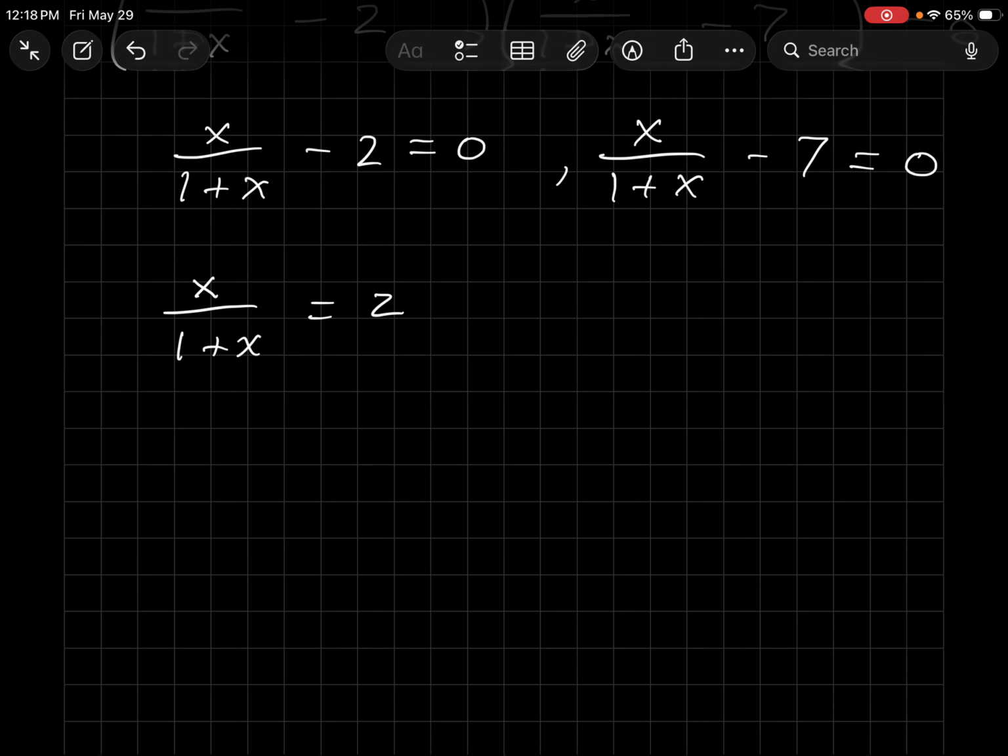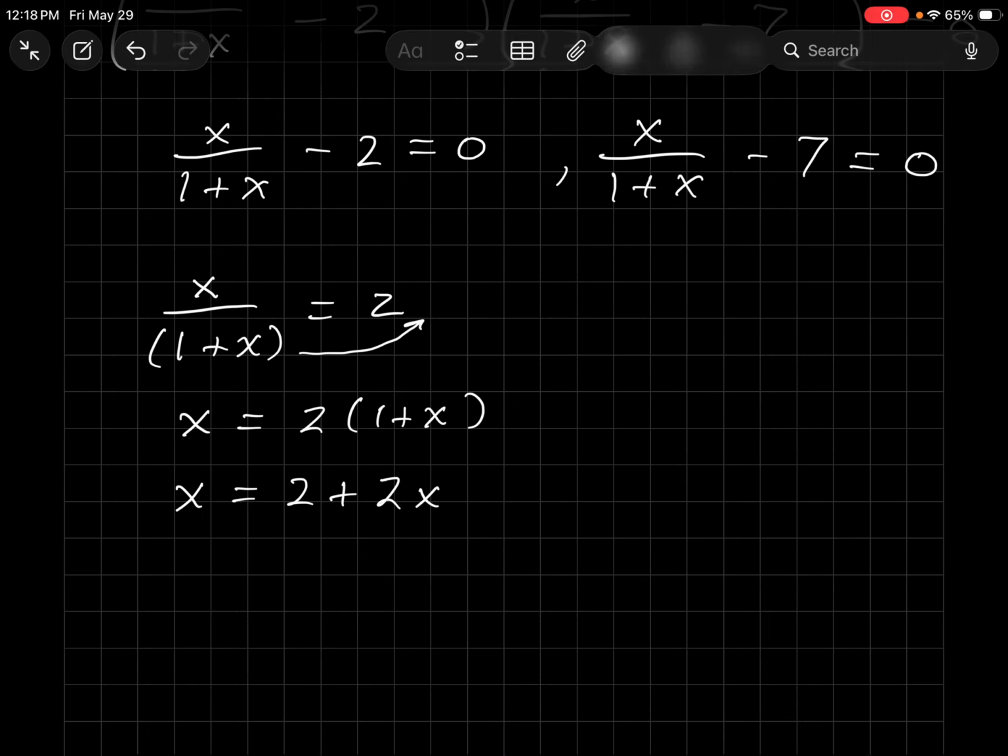I'm going to multiply both sides by 1 plus x over here. So we can say x equals 2 times 1 plus x. As such, I do need parentheses over there. They're implied parentheses down here. I can say x equals 2 plus 2x, or negative x equals 2, or x equals negative 2.